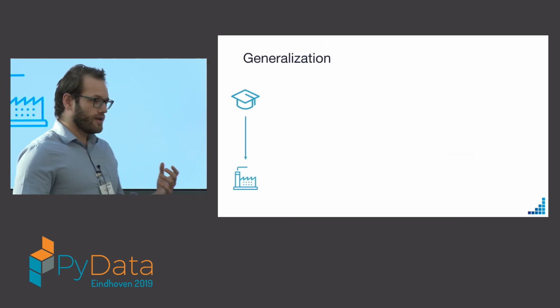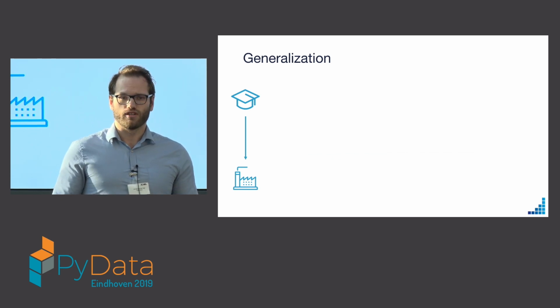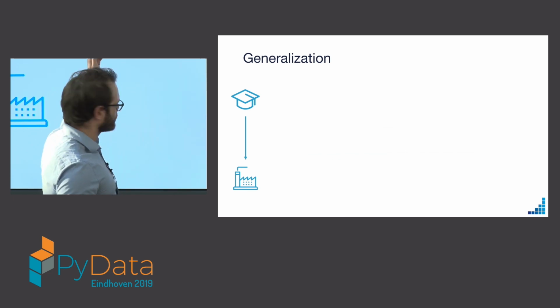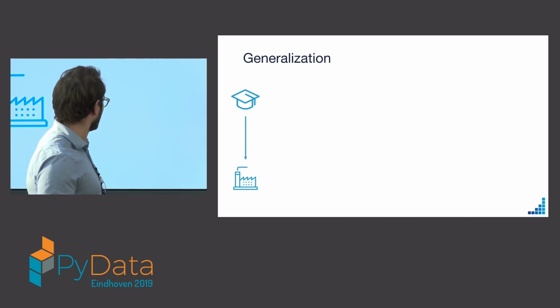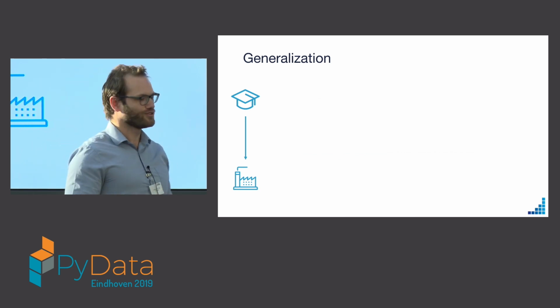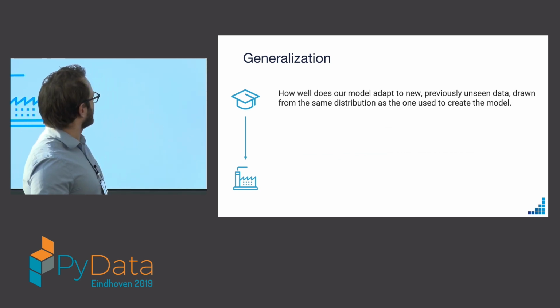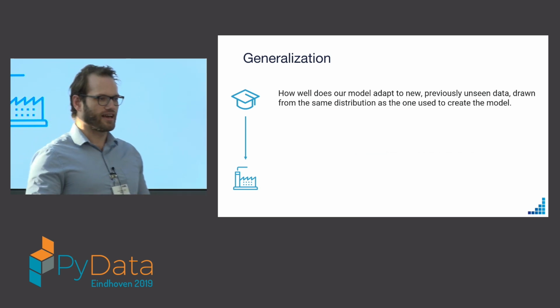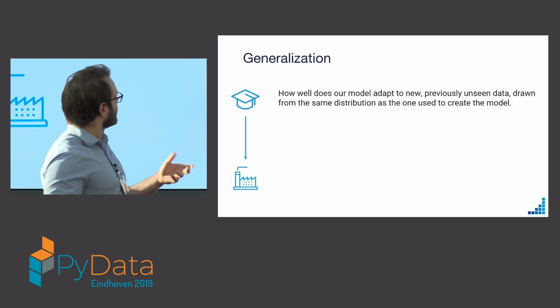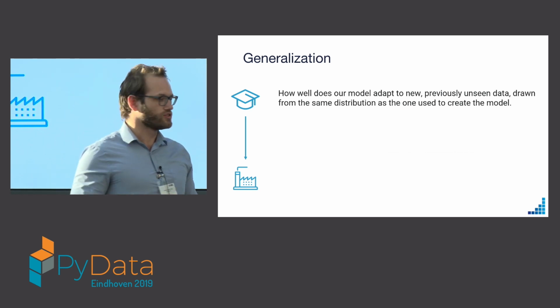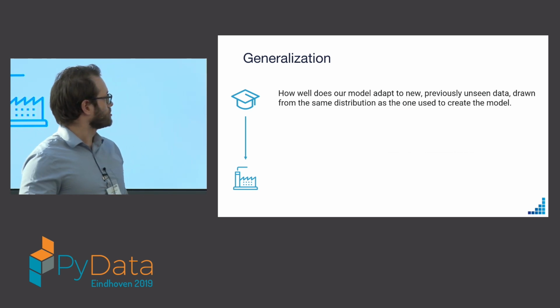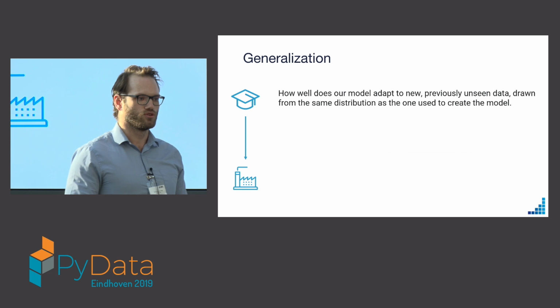So I'm going to explain a little bit about what is generalization, starting from a more academic level down to a more industrial or pragmatic level. So the more academic definition is about how well does our model adapt to new, previously unseen data drawn from the same distribution as the one used to create the model.